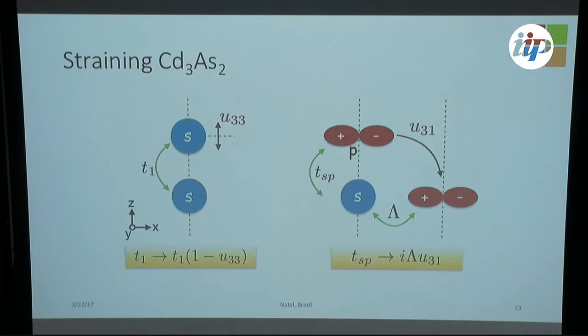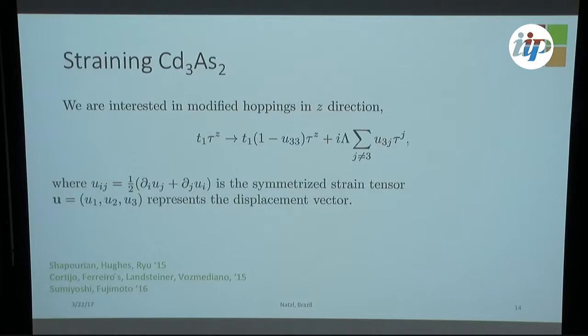Before you strain the material, there was no hopping element between s and p orbital because of the lobe structure of the p orbital. Now, if you move it to the right, there is an additional term in the Hamiltonian which describes this hopping between s and p orbitals. So more formally, this hopping in that direction gets modified like this.